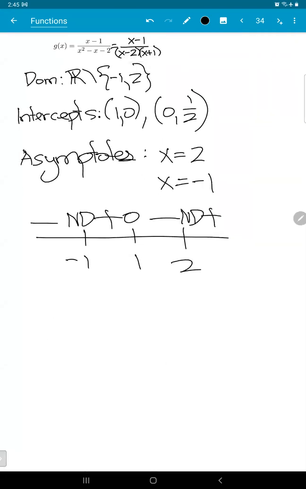Now, what's the difference between this example and the previous one? Let me draw the Cartesian plane and the asymptote. There's a difference, a slight difference. For this one, there are two vertical asymptotes now.